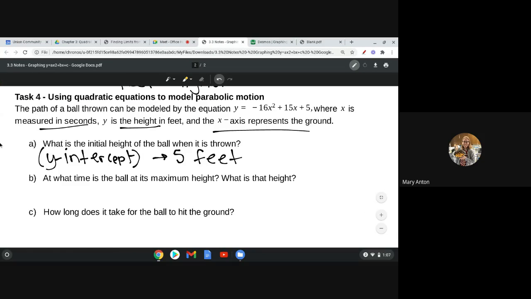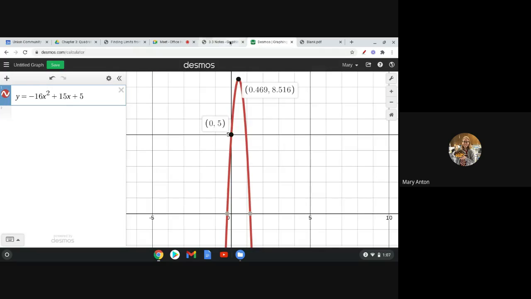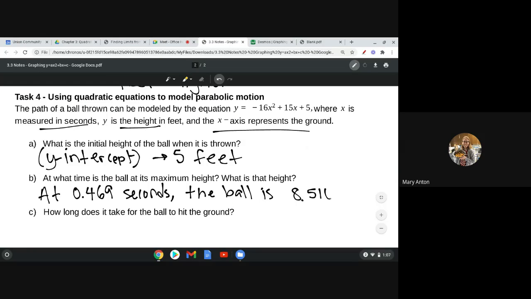So at 0.469 seconds, the ball is 8.516 feet above the ground. Cool. Not too scary, right?